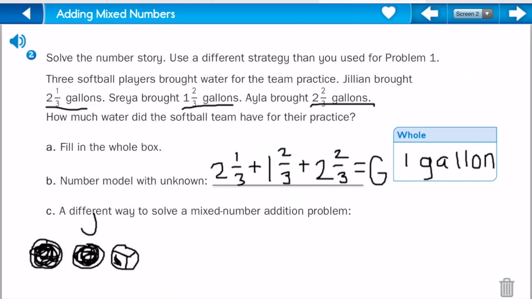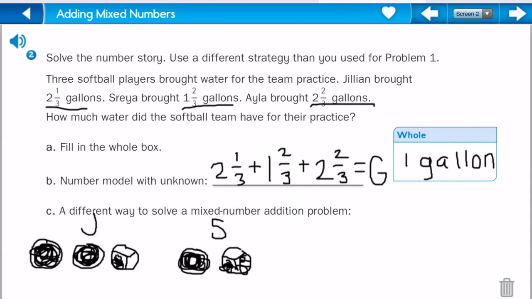Shade in just one part. Sarah brought 1 2/3 gallons, so I'm going to put an S for her name. So she had 1 whole, and she brought 2/3. Break it up. Shade in 2/3.